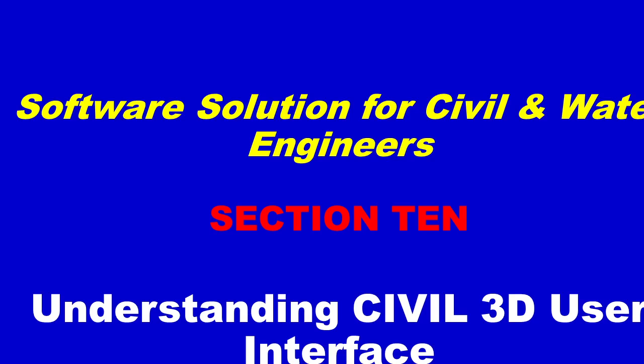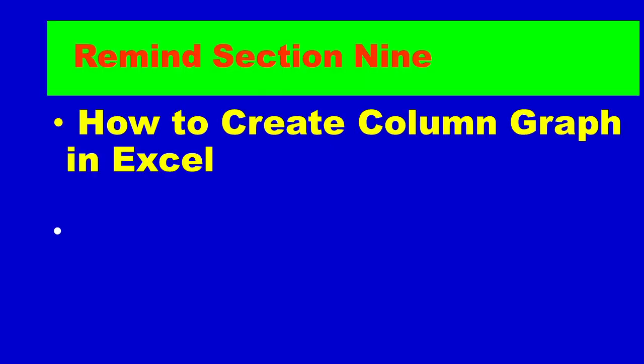Okay, let us start. First, let us see what last time we have seen in section 9, how to create a column graph in Excel, okay? We will see interchangeably the Excel, AutoCAD, Civil 3D, GIS, Google Earth, Global Mapper. Okay, we are going to see every detail of this, which we arranged in the program so that everybody can understand easily and which is effective for your work.